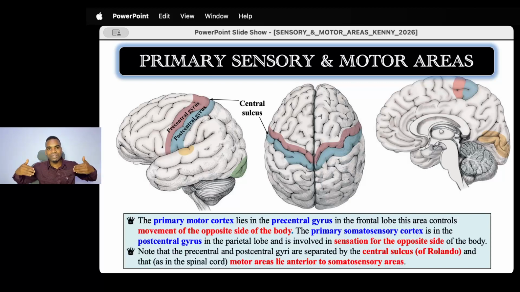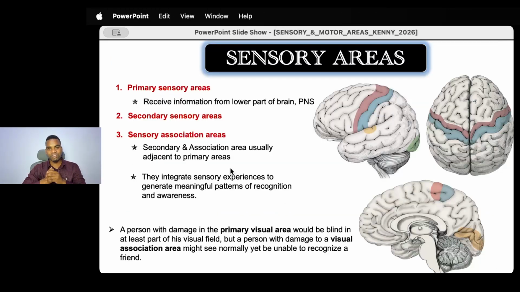So the sensory is posterior in the spinal cord. Same applies here in the primary motor and somatosensory areas, in Brodmann area number 4 and 3, 1 and 2.